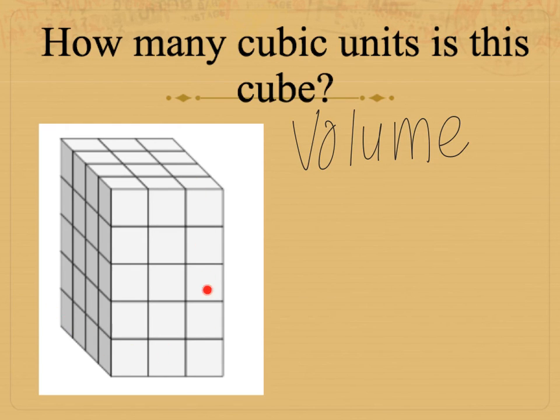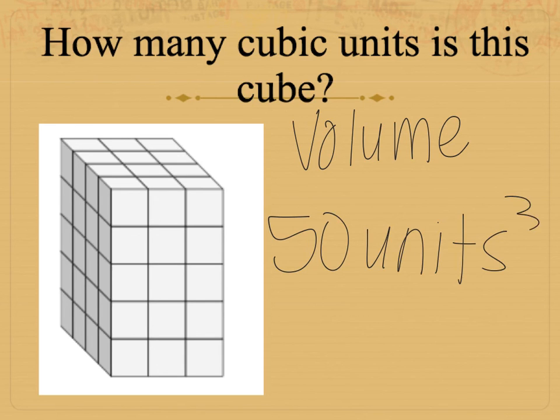I still have this row right here I have to do. Okay, 31, 32, 33, up to 50. So in this cube there is a total of 50 cubic units.